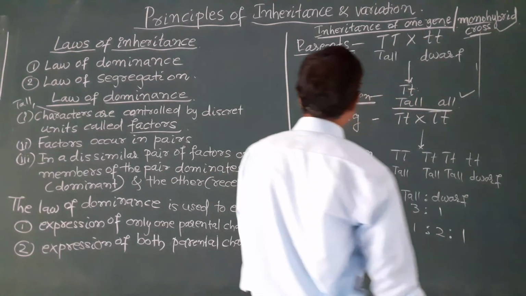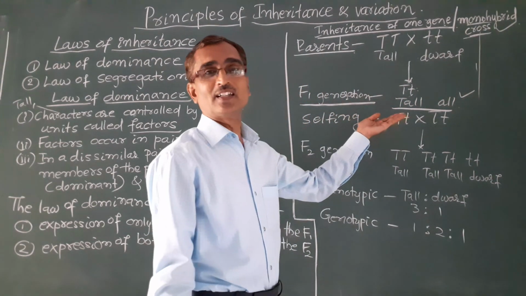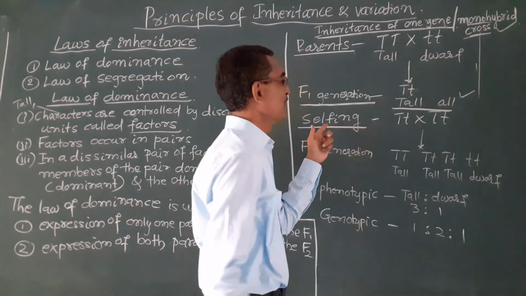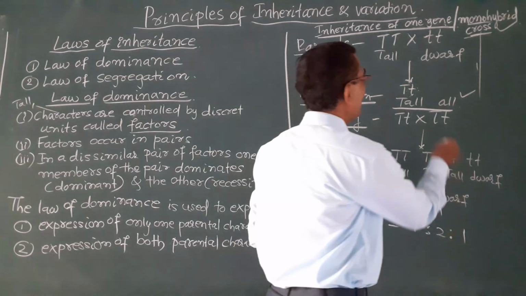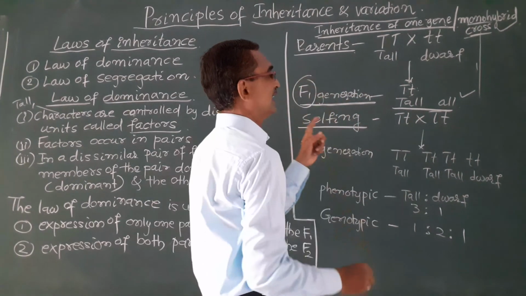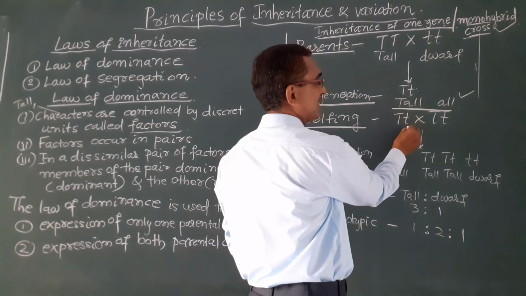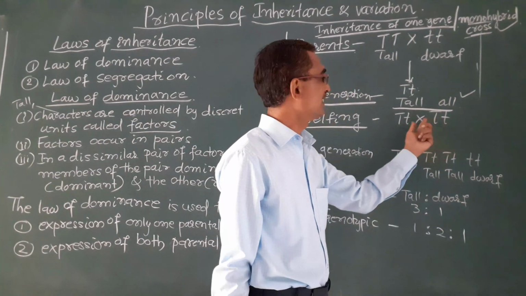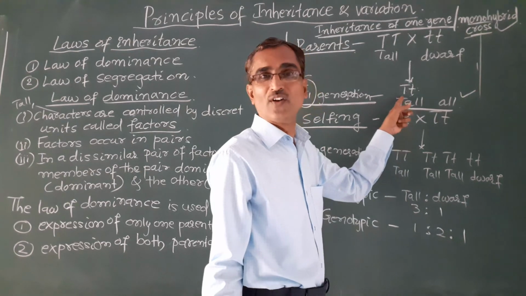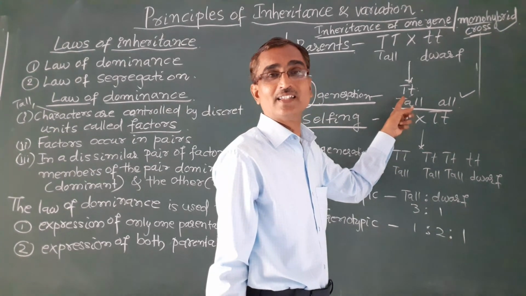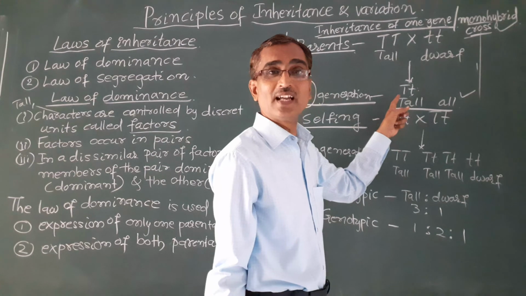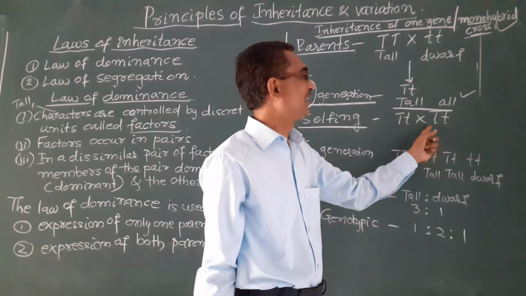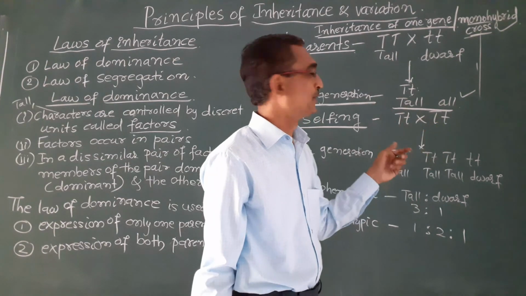Then Gregor John Mendel made a self cross between the F1 generation, that is, capital T small t crossed with capital T small t. He crossed the tall F1 plant having capital T and small t with the same kind of plant.